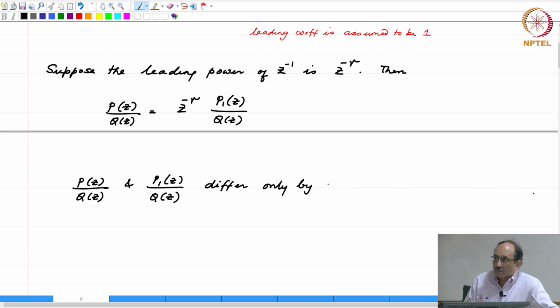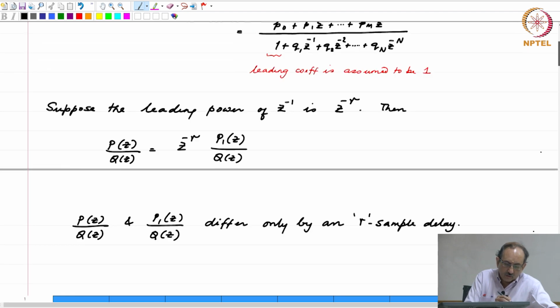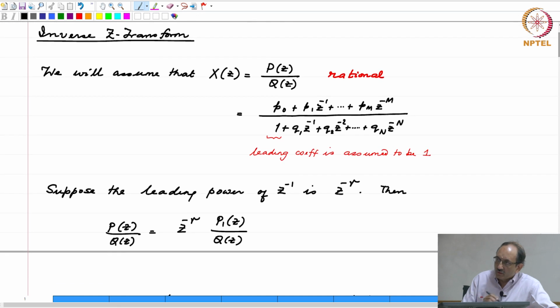By an R sample delay, a time shift. Therefore, once you find the inverse Z transform of P1 of z by Q of z, you can always find the inverse Z transform of P of z by Q of z. So, the point that has been made so far is that assuming P of z by Q of z to be in this form is not restrictive.